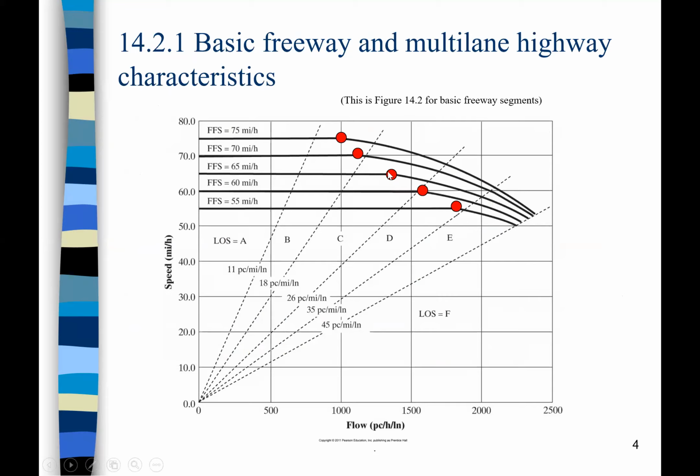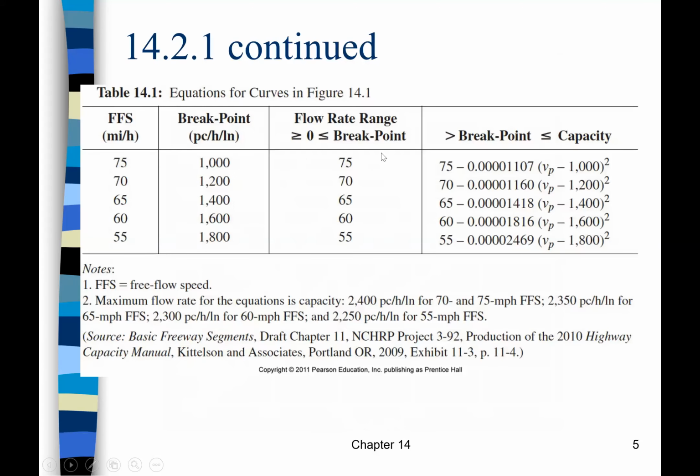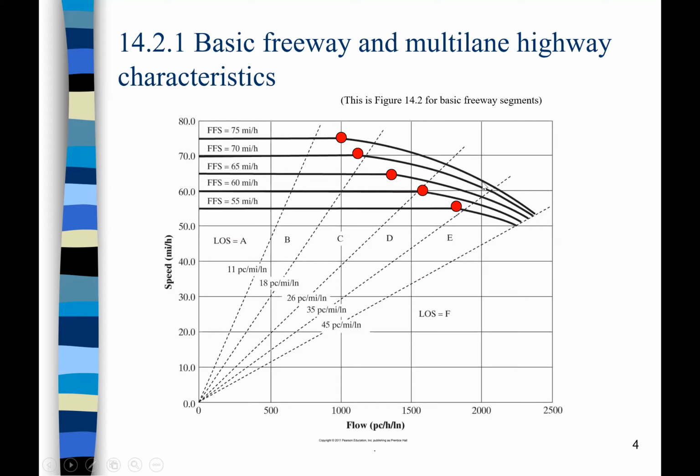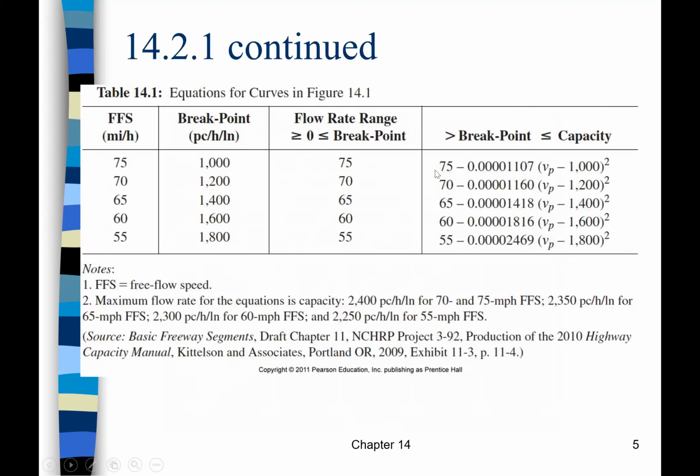That is represented by this dotted line on this column. After the breaking point to its capacity, which is from here to here, this is the equation. Hope you understand.